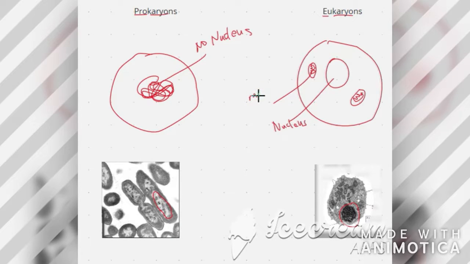That means any organelle that has a membrane around it will not be present in a prokaryotic cell. So mitochondria are present in a eukaryotic cell, whereas there are no mitochondria in a prokaryotic cell.